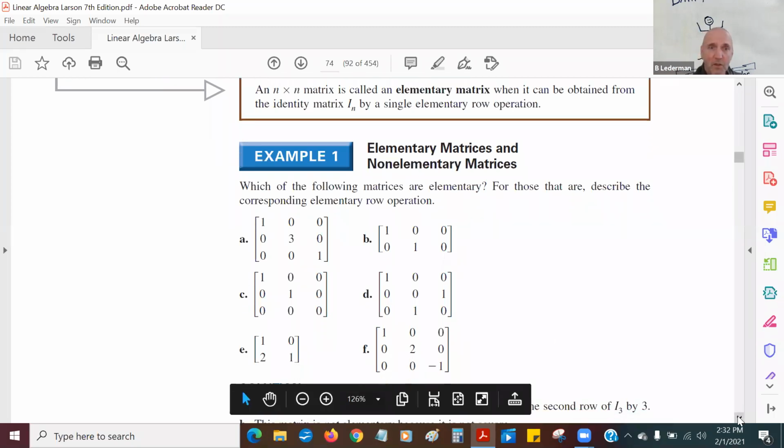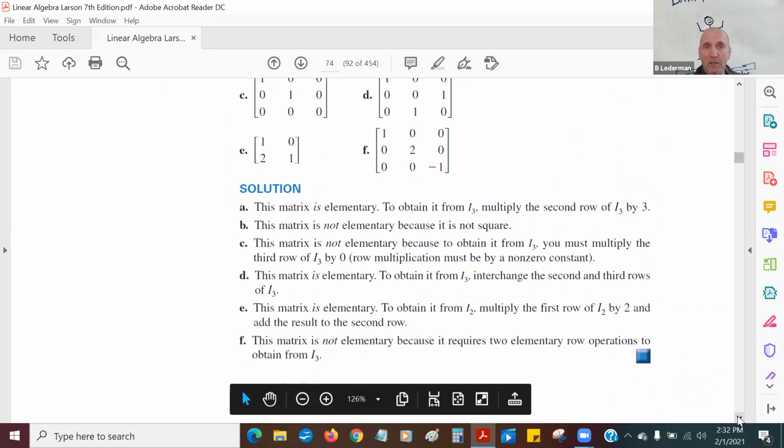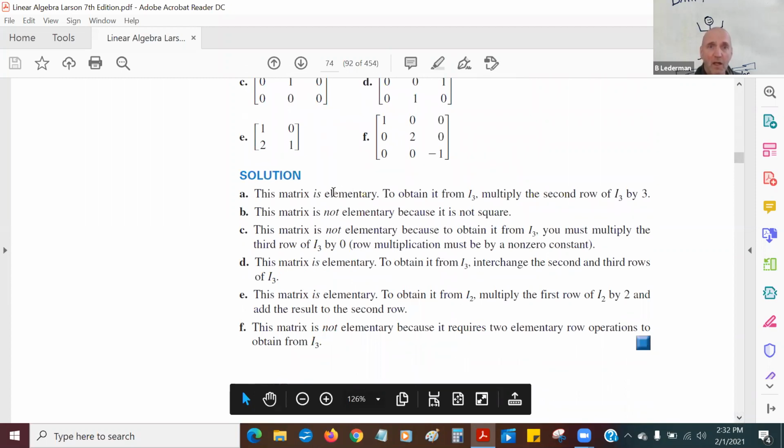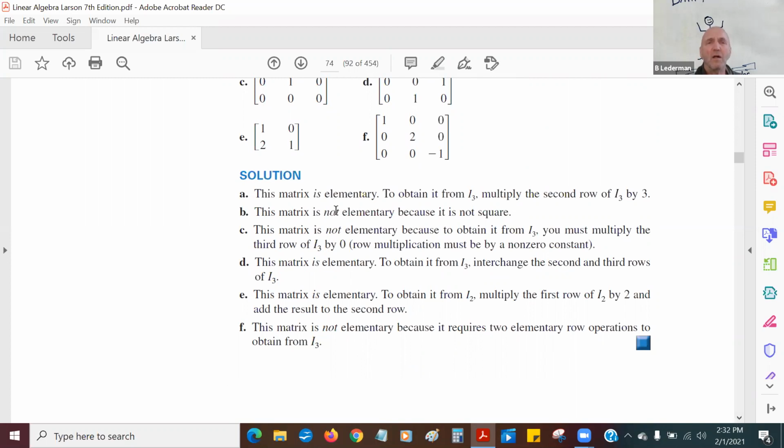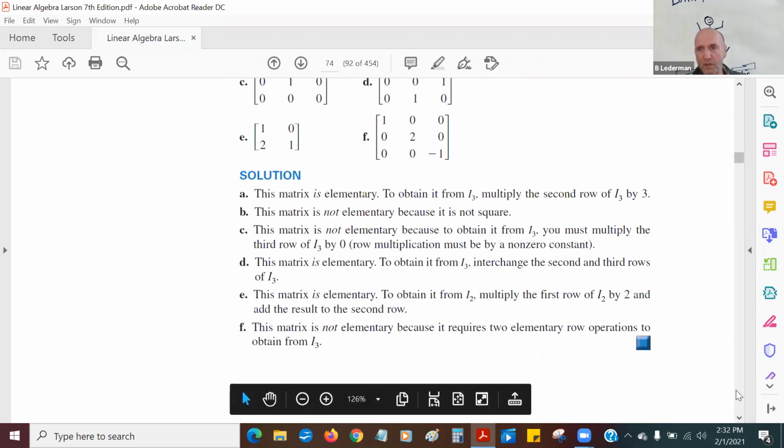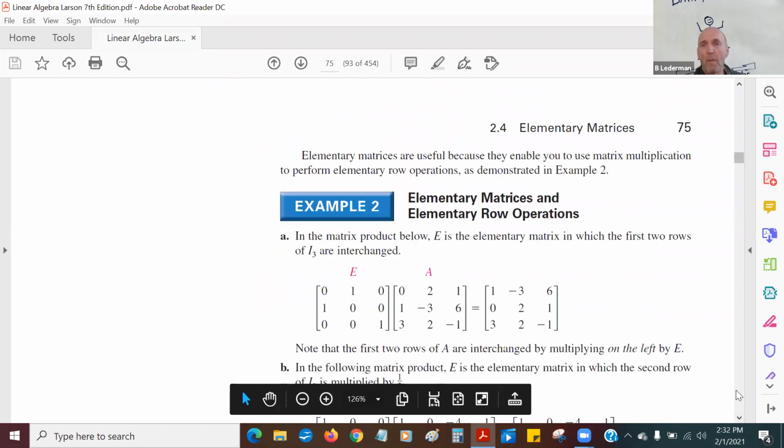And this is really basically what the solution is. This is what they say here. So A is, D is, and E is. B is not, C is not, F is not, which is just exactly as I explained just a minute ago.